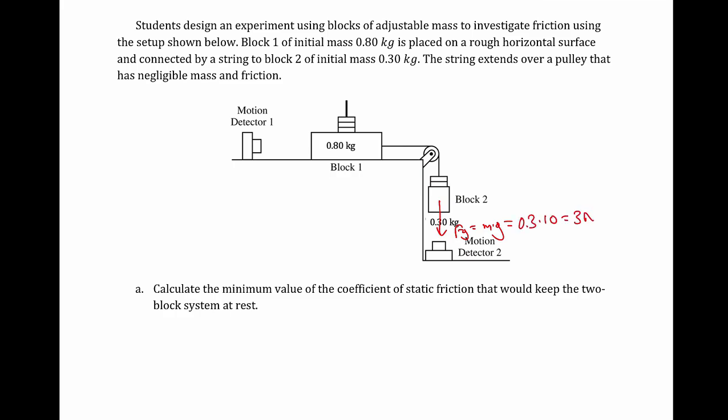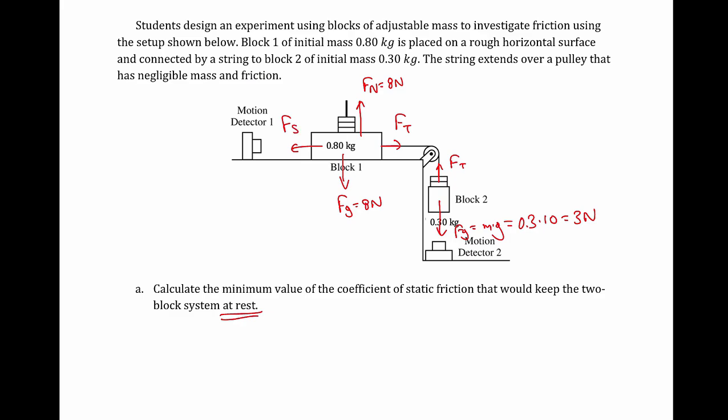This will be 3 Newton, and a tension that at the moment we don't know. Another tension, the same tension on the other side of the rope. Force of gravity on block 1, so force of gravity is 8 Newton, and normal force that is equal to the force of gravity, 8 Newton, and the friction, since the object is at rest, this is static friction.